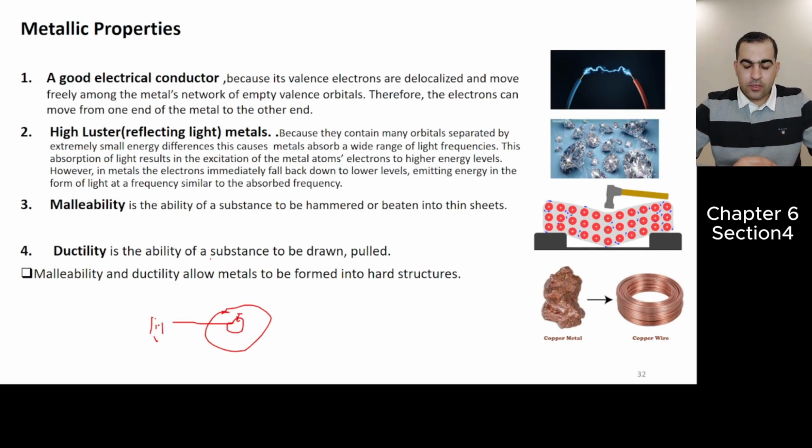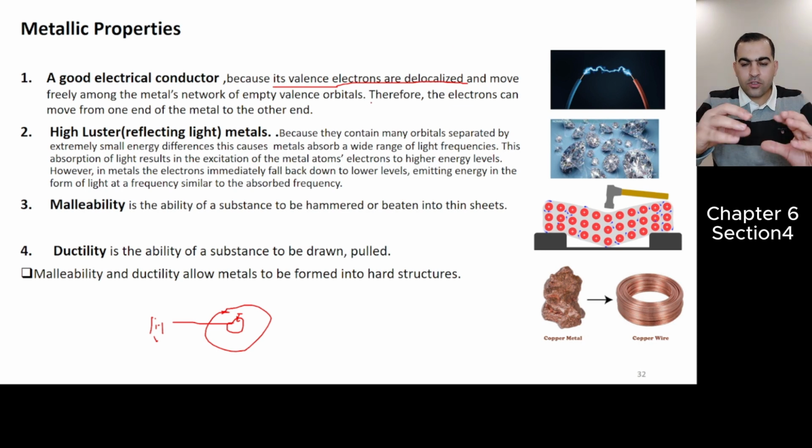Metallic properties. Metallic bonding gives metals some properties. One of them: a good electrical conductor. Metals are good electrical conductors. Why? Because their valence electrons are delocalized. We said delocalized means the electrons move freely throughout the entire metal. They do not belong to any one metal atom. They move freely throughout the empty orbitals.